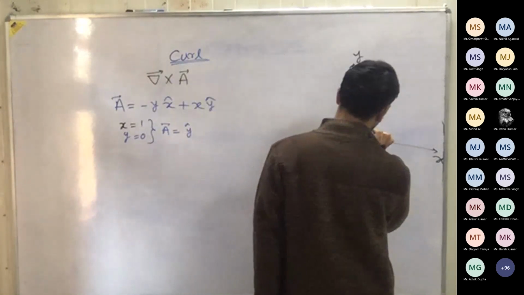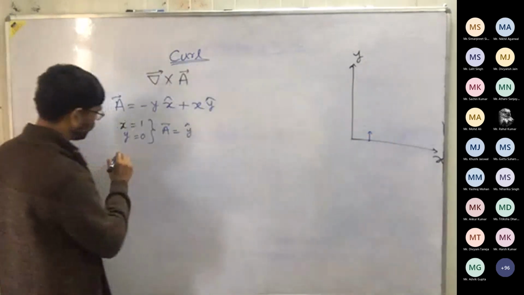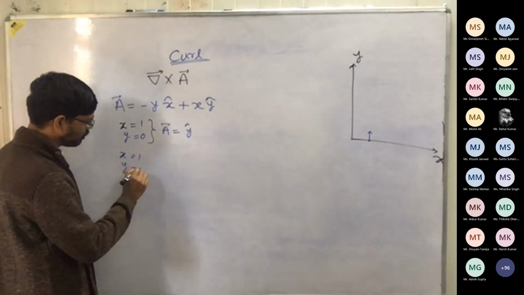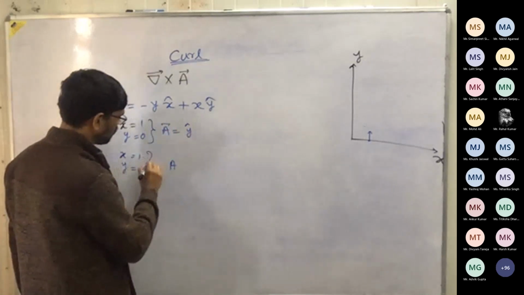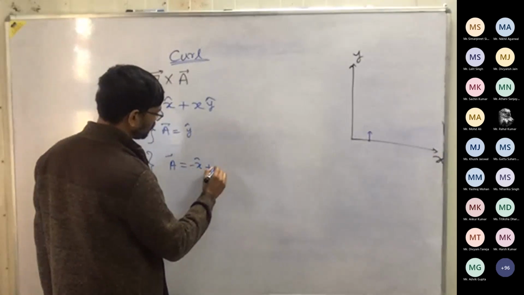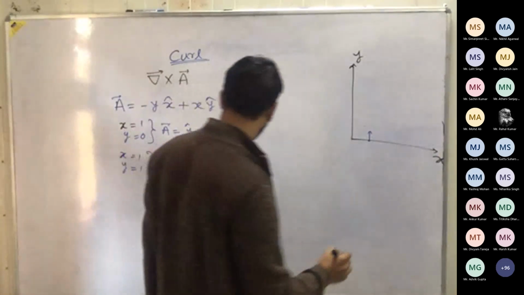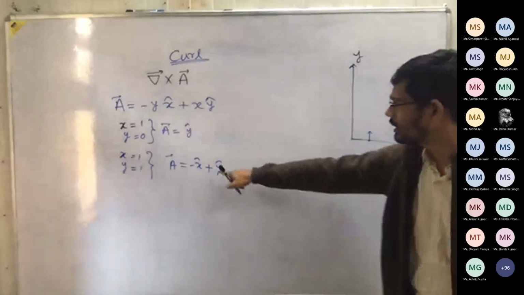Now let me take this point, x equal to 1, y equal to 1. Okay, so minus x cap plus y cap. So what will be the direction here?